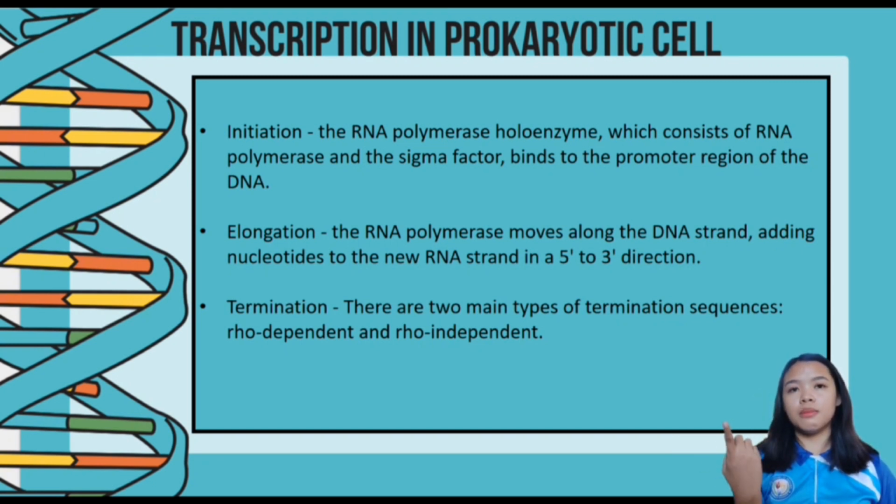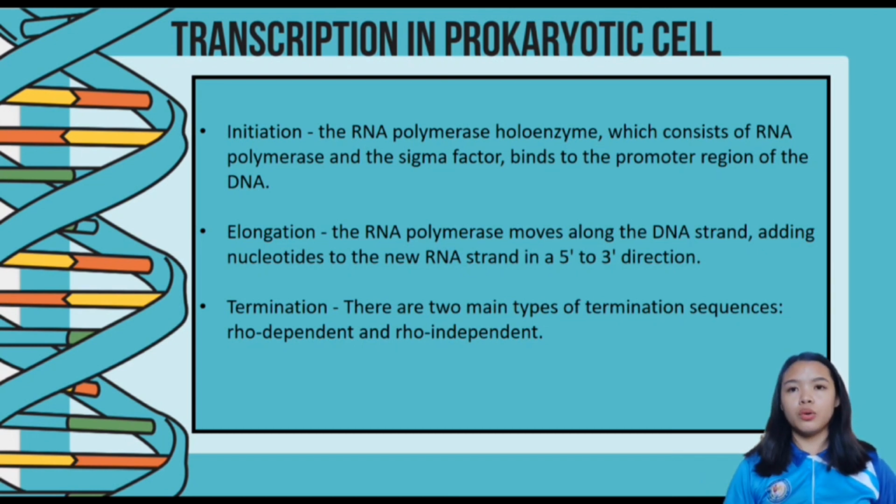The next is the sigma factor. Without the sigma factor, no initiation will happen, because the sigma factor helps the RNA polymerase find the promoter, so that it can bind to the region of the DNA.